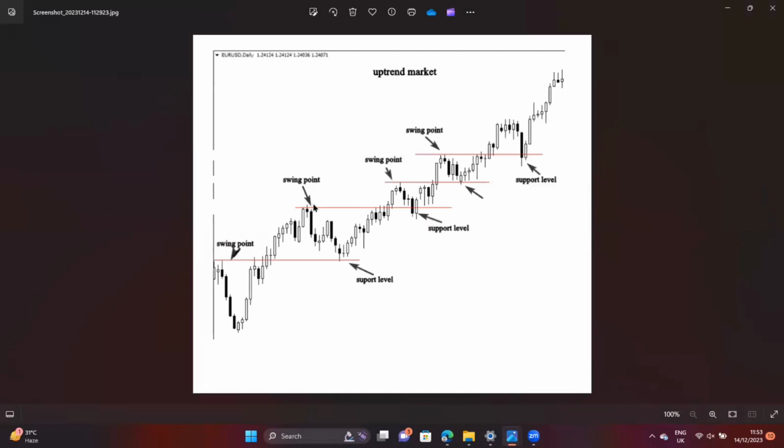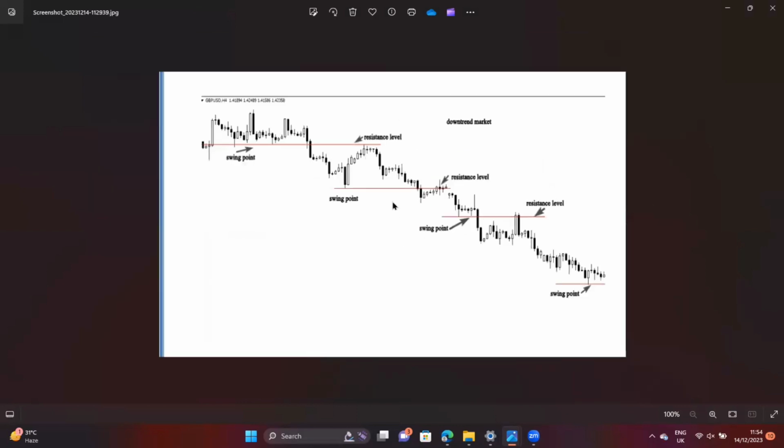When price broke it, you can see when price came back to that zone, it acted as a support. So your current support can become your next resistance, and your current resistance can become your next support. It is a known fact.